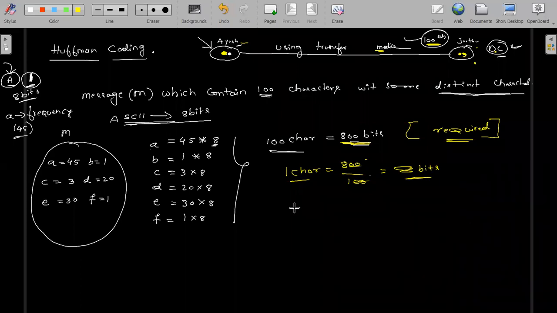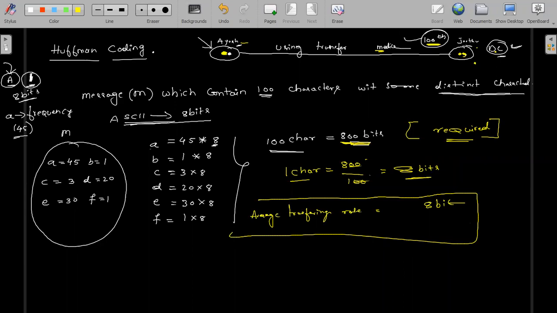Again, finally, see here, everybody. Average transferring rate is what? Average transferring rate is totally 8 bits.